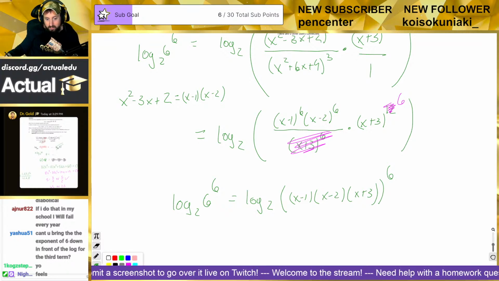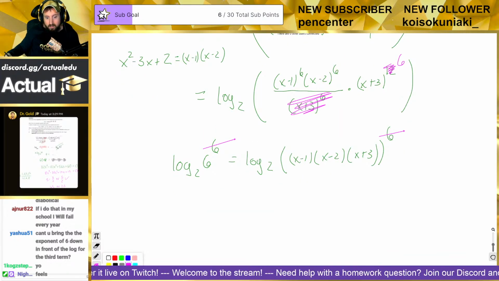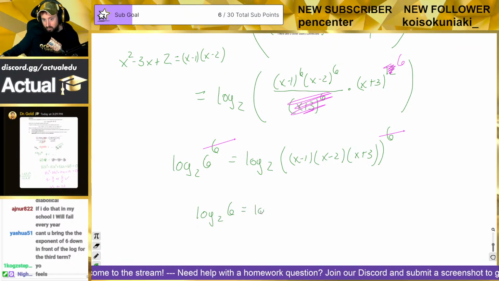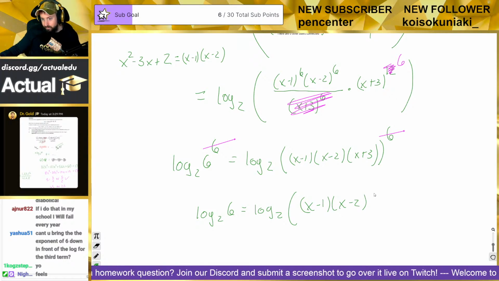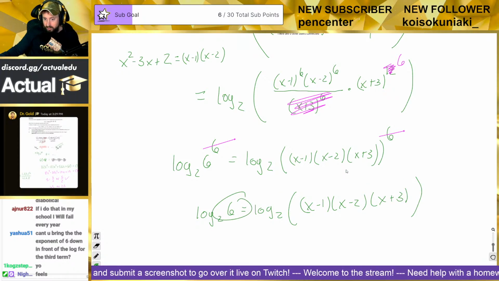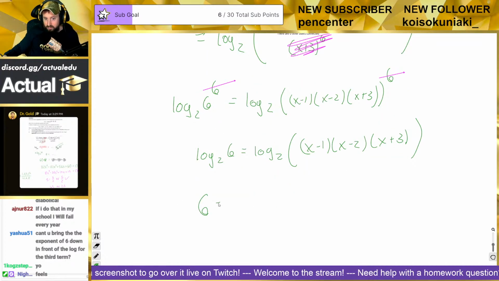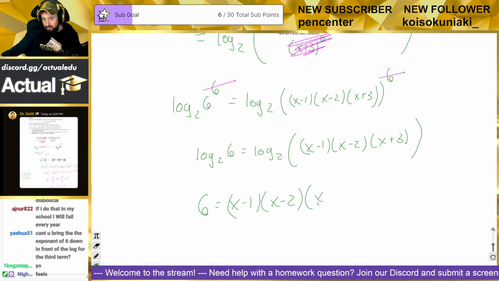So I don't even need to worry about these. So now I have log base 2 of 6 is equal to the log base 2 of x minus 1, x minus 2, x plus 3. That just means this thing equals this thing. So now I have 6 is equal to x minus 1 times x minus 2 times x plus 3.